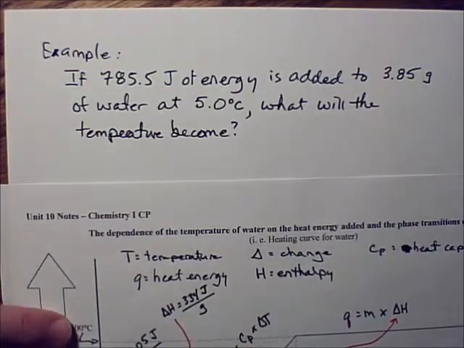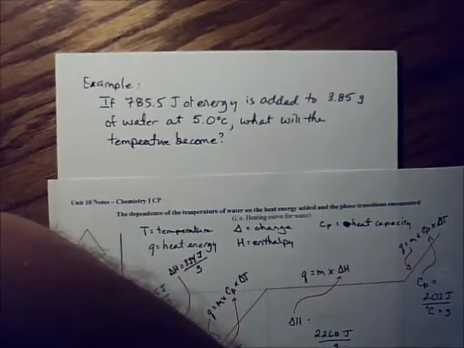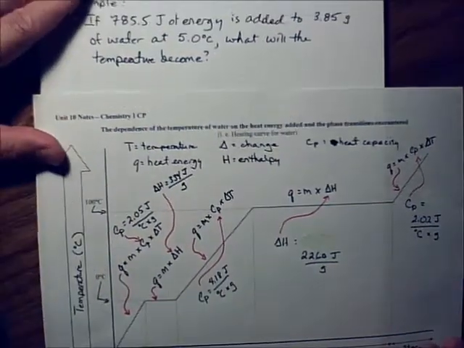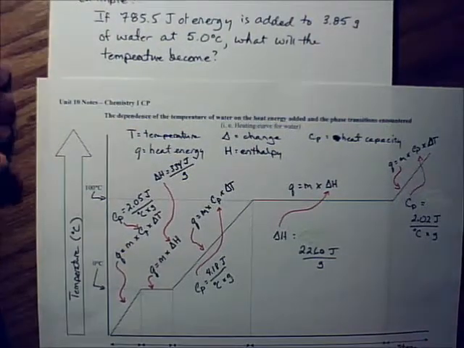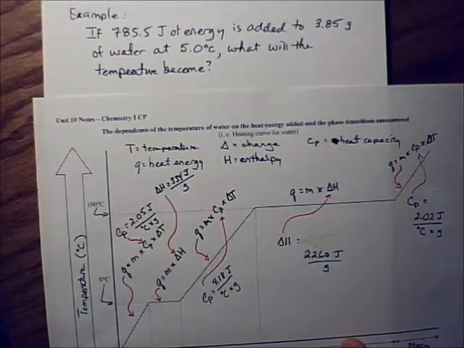Alright, so let's take a look at the graph. Raise my camera back up a bit so we can see what we're doing here. We've got to figure out what part of the graph we're in. We're at 5 degrees C. What part of the graph are we in?